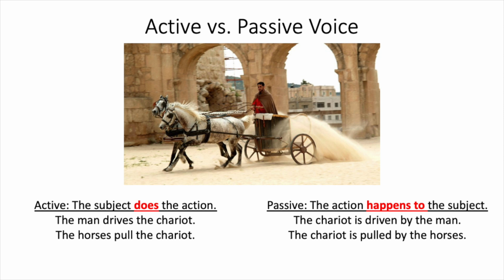So the chariot is driven by the man. Now our subject is the chariot and the action is happening to it. Is driven shows it's a passive verb. And then we put the person or instrument that's doing the driving and pulling in a prepositional phrase in English.